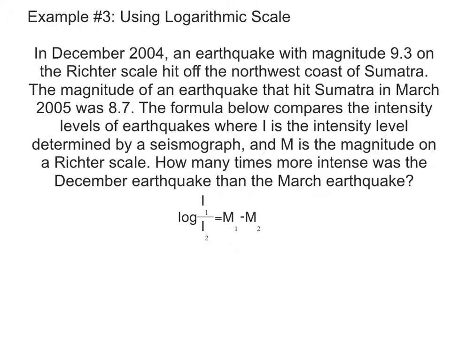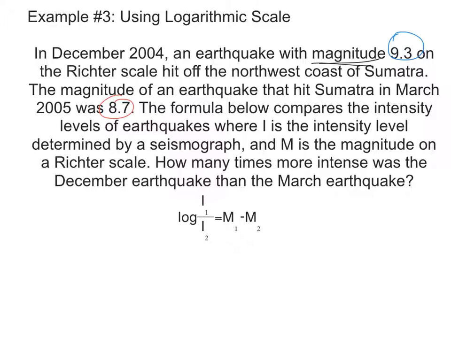2004 was 9.3, 2005 is 8.7, right? So now I'm going to start substituting things. Remember, I is the intensity level. We're not going to change I, right? But we are going to change M, the magnitude, because it was given to us.